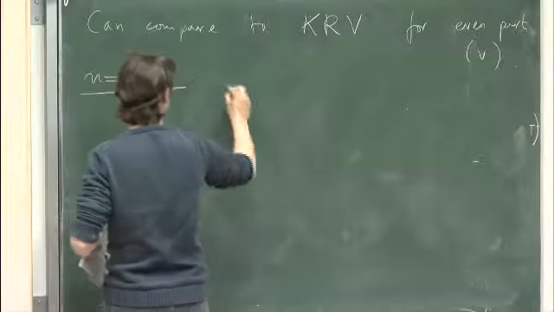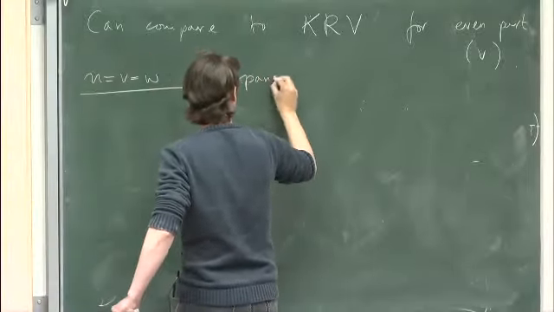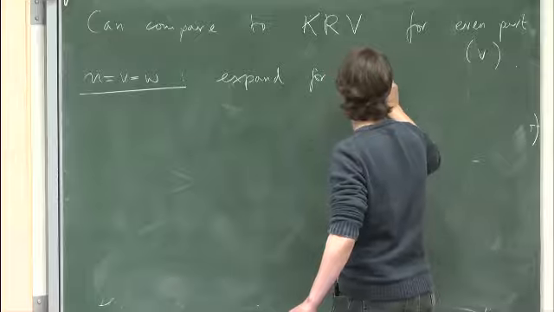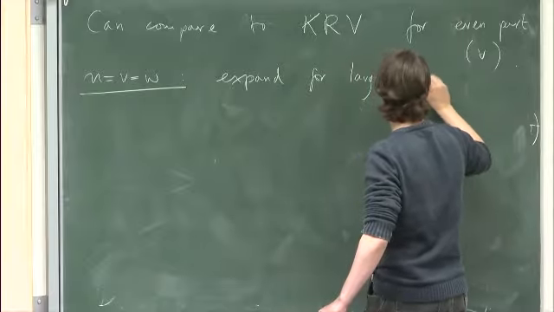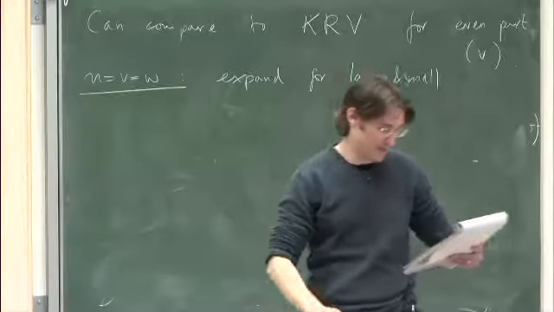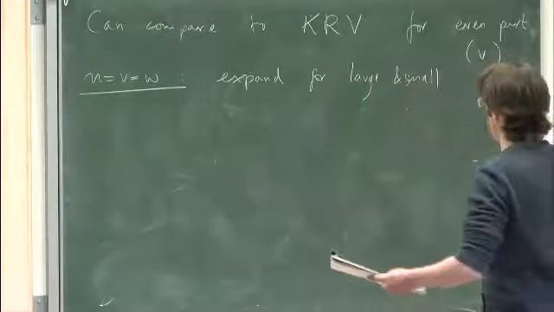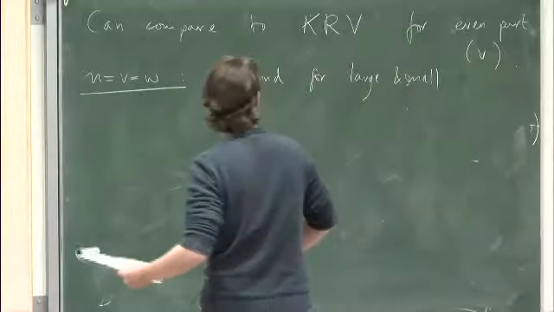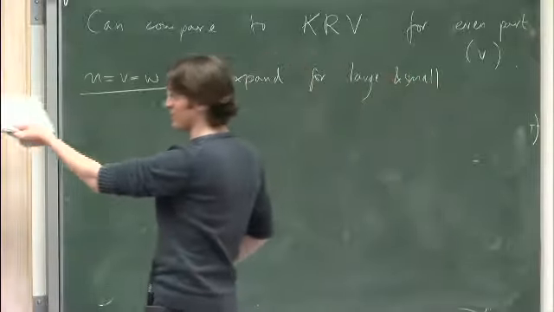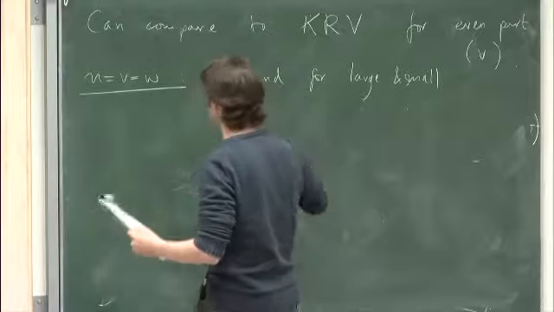You can take that and expand this for large and small u. You get an expansion in u in these regimes. And it has to match these functions. And now it's very non-trivial, but you can fix this finite number of parameters with this entire function.